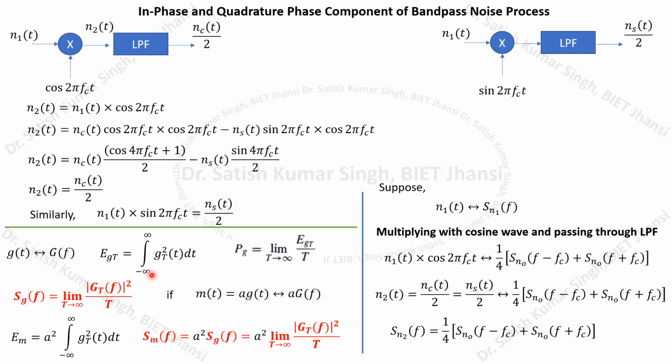So this was the energy of the truncated version of your g(t) that we have already seen in my previous lecture. It can be calculated as the integral from minus infinity to infinity of g_T squared(t) dt, right? So this will be the formula for your energy.